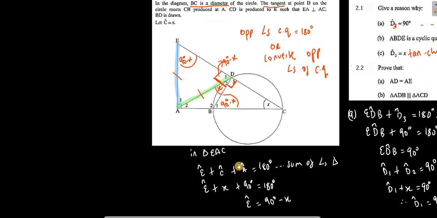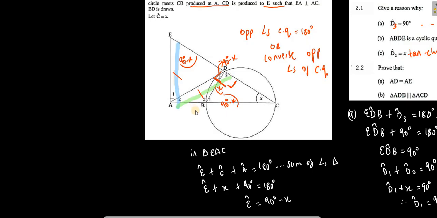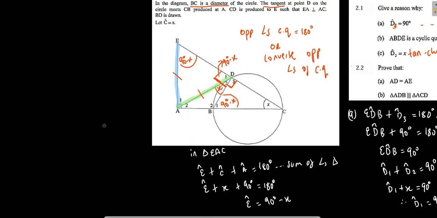Now we need to prove that triangle ADB, let's try to highlight triangle ADB, this one, and the other one is ACD.